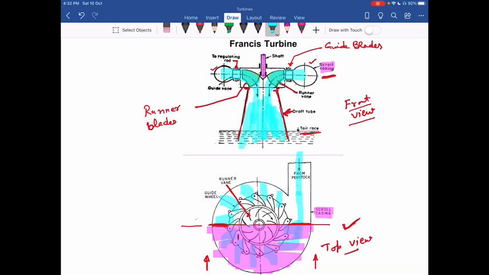Okay. Now here you can see the water enters radially. So here the water enters. So entrance is radial. Okay. And it leaves the turbine in this direction, which is axial.